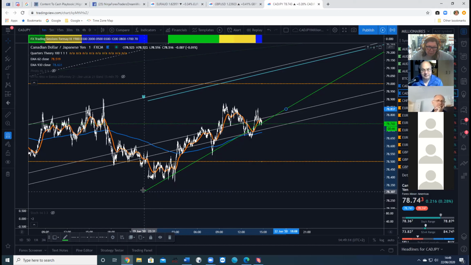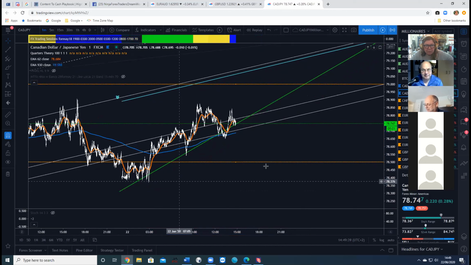So I quite like it, but I can't quite make my mind up on that one. I think I'm going to go for that, it's just touched down there with a wick, so I'm going to go for that on the trend line. I put my alert up there, so I'm going to take that off.